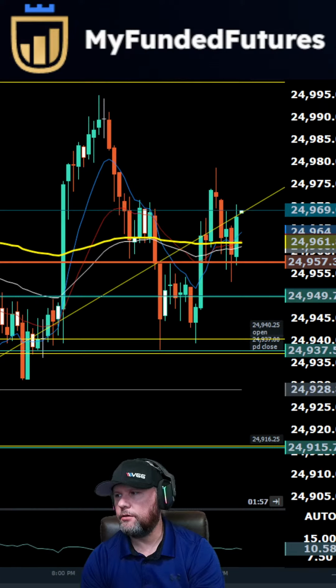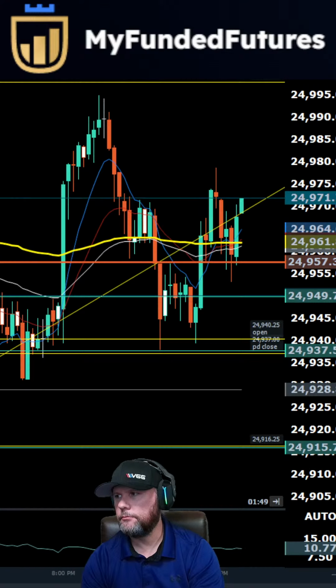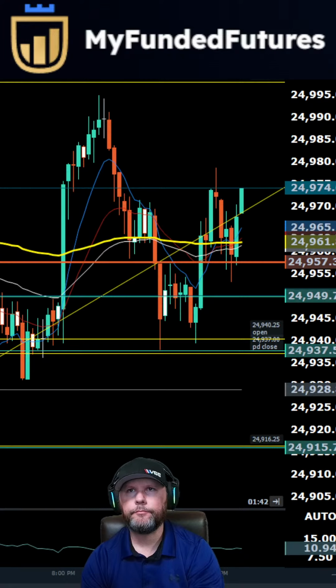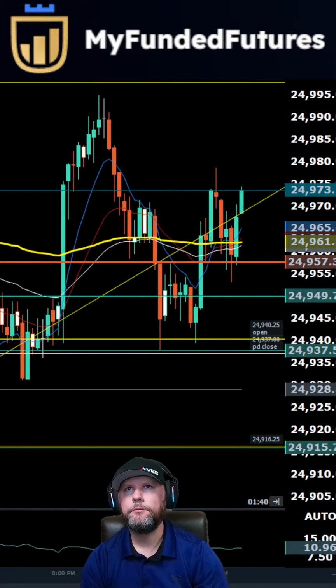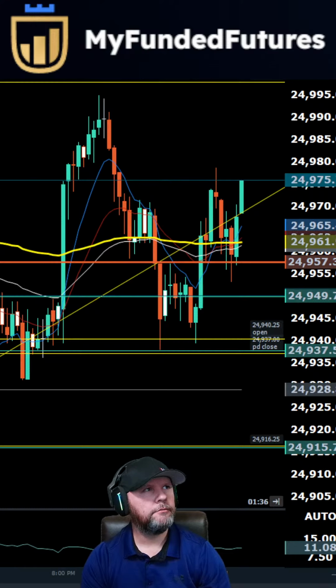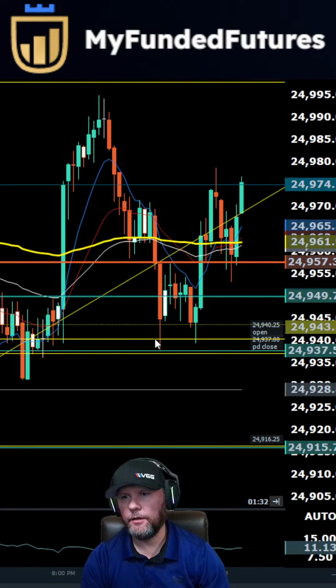Creating another little trend line here on the 5-minute, actually. A little shorter term trend line. Full port. Try it. Could work.